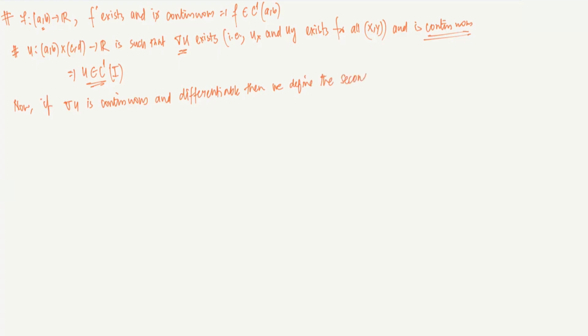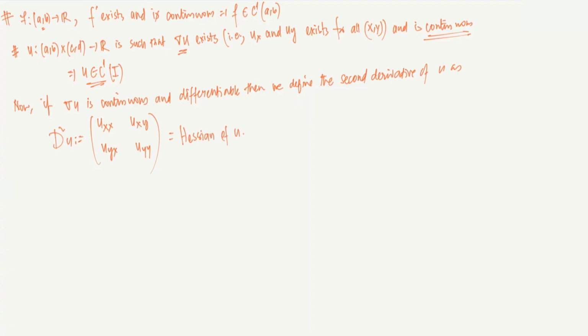We write it as d2u. Please remember, in our case we will define it like this: uxx, uxy, uyx and uyy. We will also call this the Hessian of u.